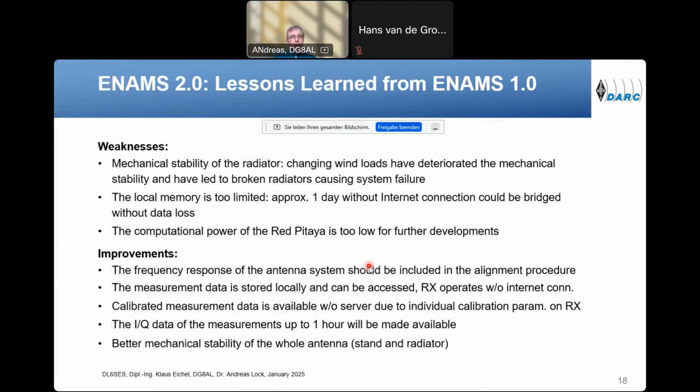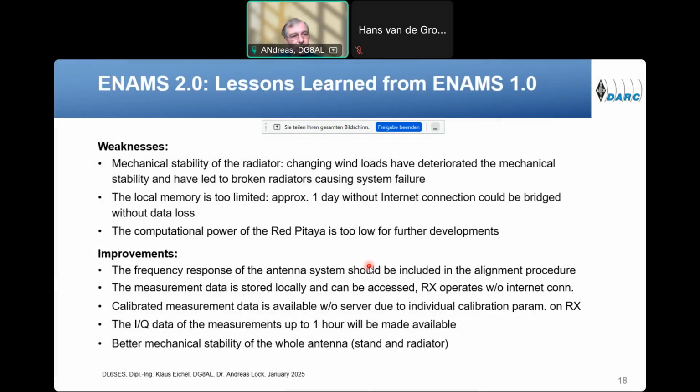So what did we learn from ENAMS 1 when we started to think about ENAMS 2? The mechanical stability of the radiator was too low, because some of the radiators broke due to changing wind loads.